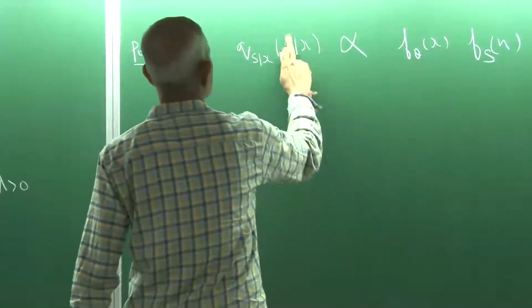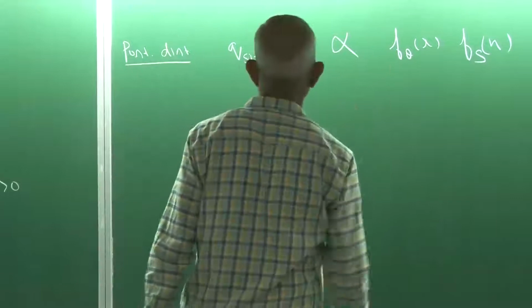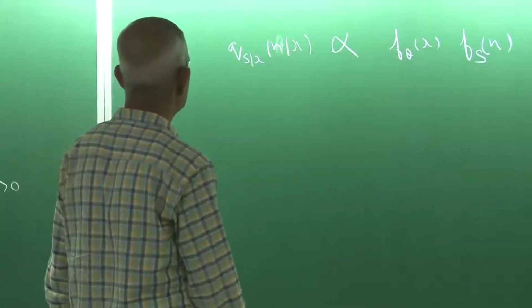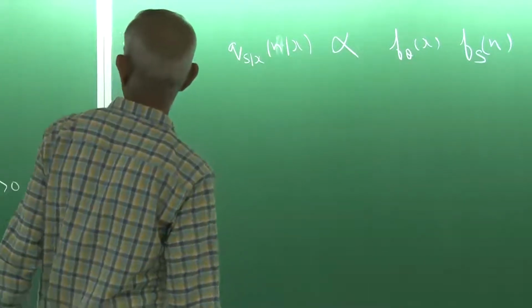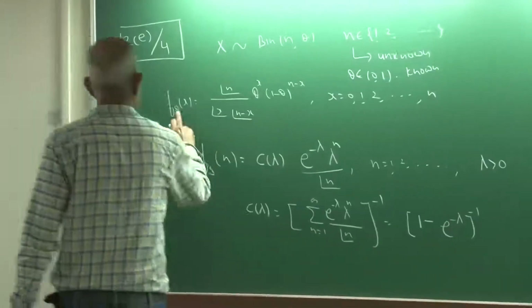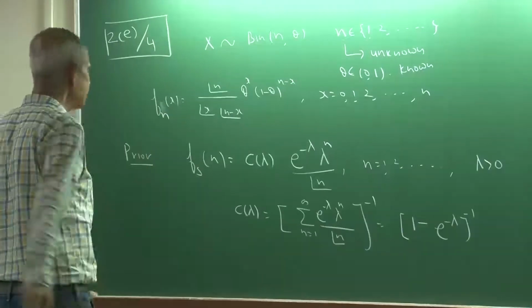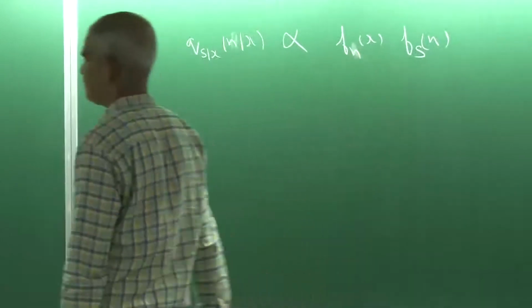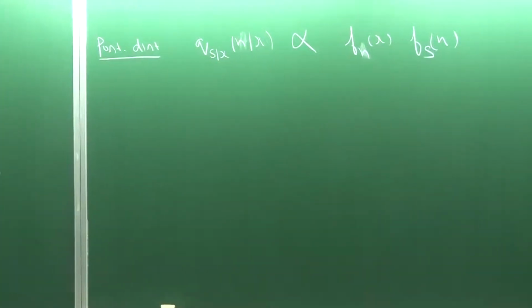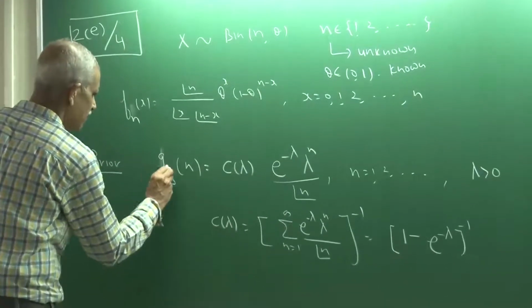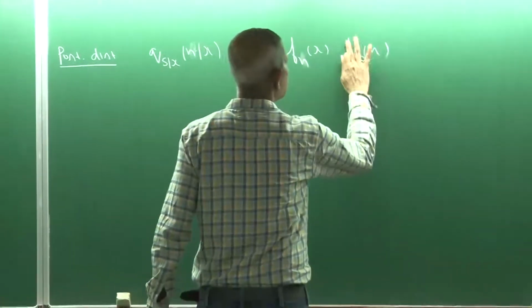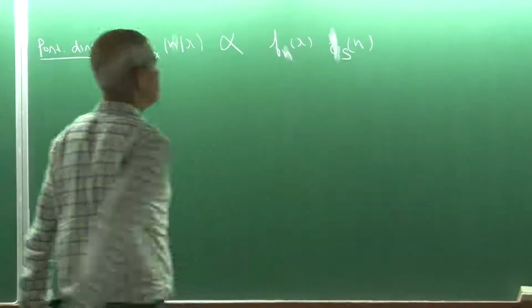There is no theta here. This should not be f_theta(x) because n is a parameter, so this would be f_n(x). So you can denote the prior by a different function g, so g_S(n). So this would be the same as f_n(x) times g_S(n), the prior.